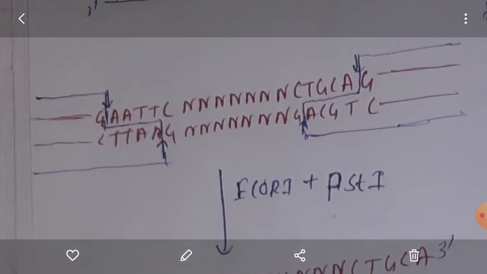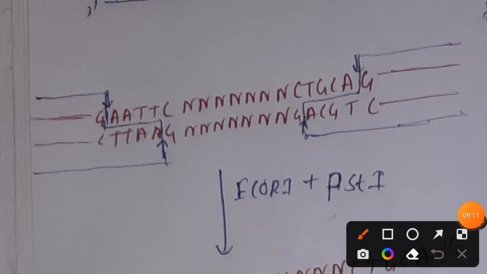Now suppose this is your gene of interest, and at the two ends of your gene of interest you have a cut site for EcoRI and a cut site for PstI. There can be other cut sites too, depending on what kind of restriction endonuclease you choose.